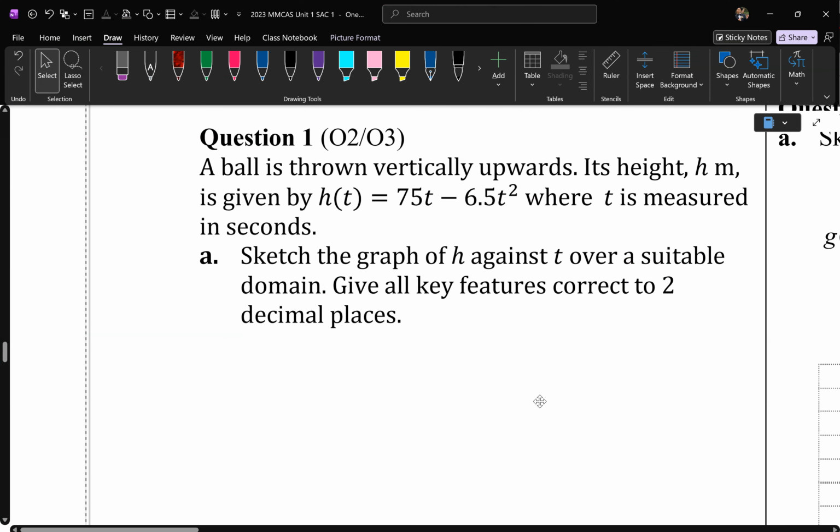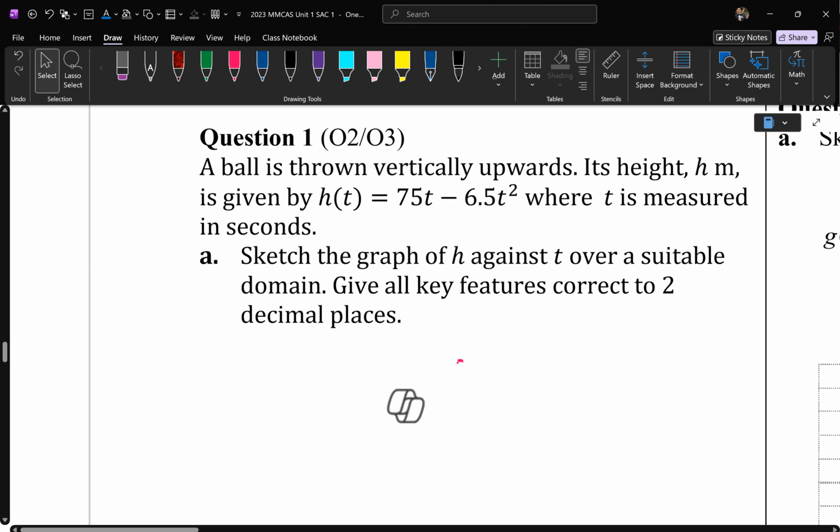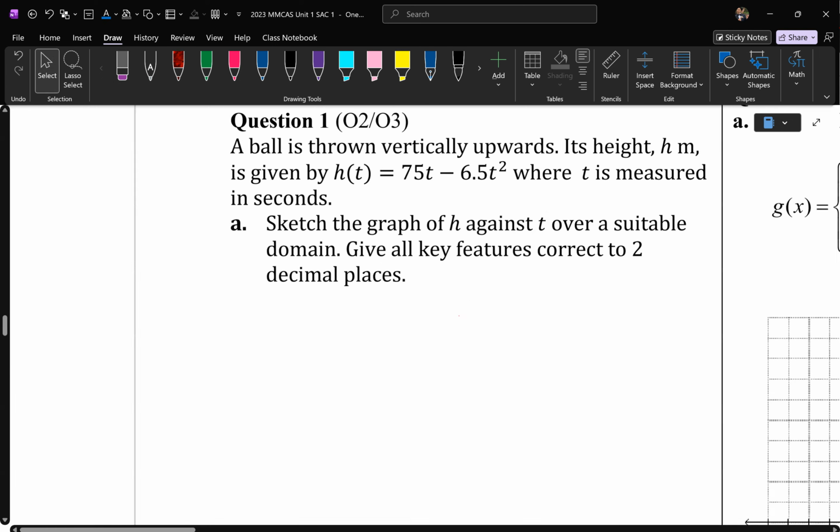So for example, 0.021 is the same thing as saying 2.1 times 10 to the power of negative 2. Before, on your calculator it will say something like this. Oh, so that's why it's like a bunch of zeros now. That makes much more sense.